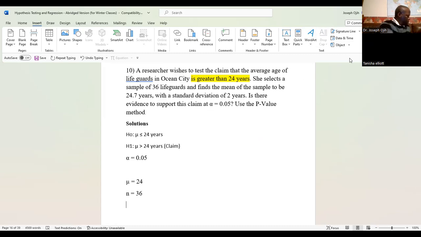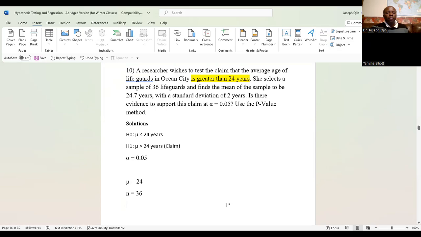So I'm gonna write this one down as well. Mean is 24, n is 36. The sample mean is actually given here for the sample of 36 lifeguards. The mean is 24.7 years. So X bar is 24.7 years.